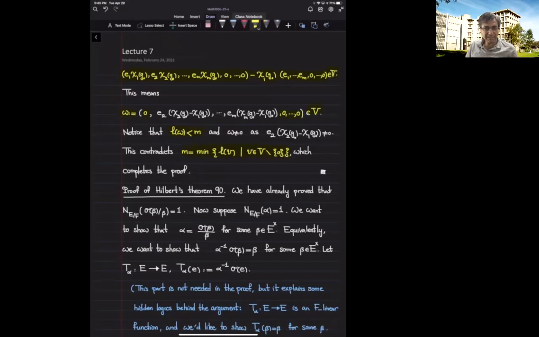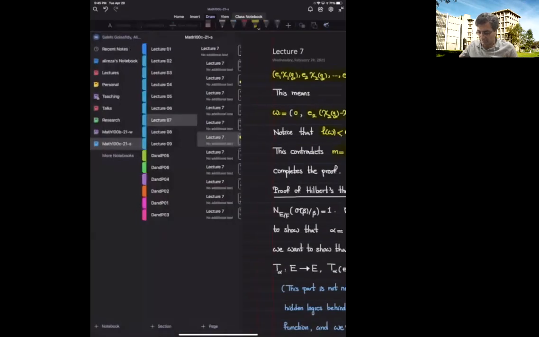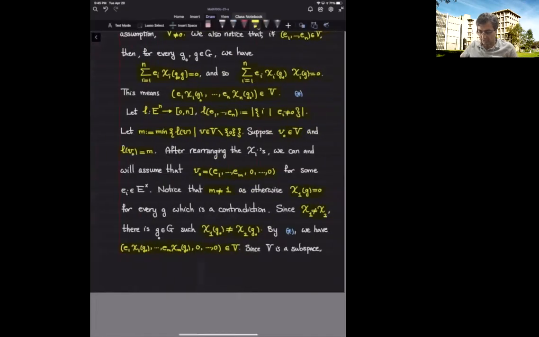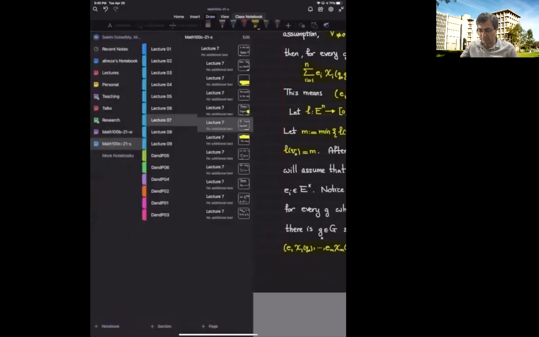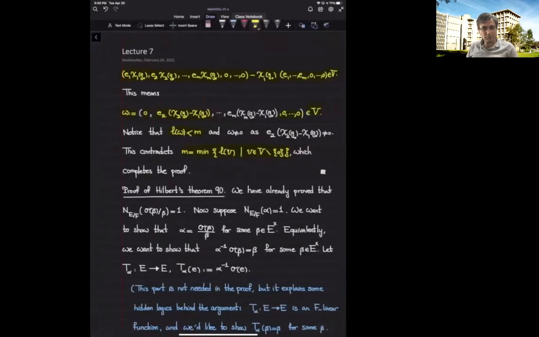In particular, the second component should be 0. What is the second component? The second component is E sub 2, which is a non-zero number, times the difference between chi sub 2 of G naught and chi sub 1 of G naught. But this is also a non-zero component because we chose G naught this way. Because chi sub i's were distinct, I was able to choose G naught so that chi 1 of G naught is different from chi 2 of G naught.